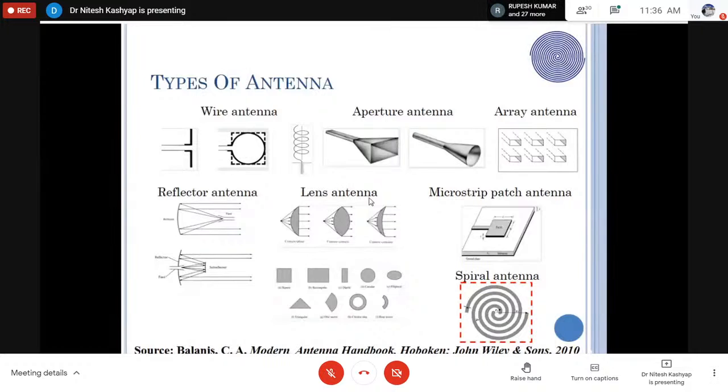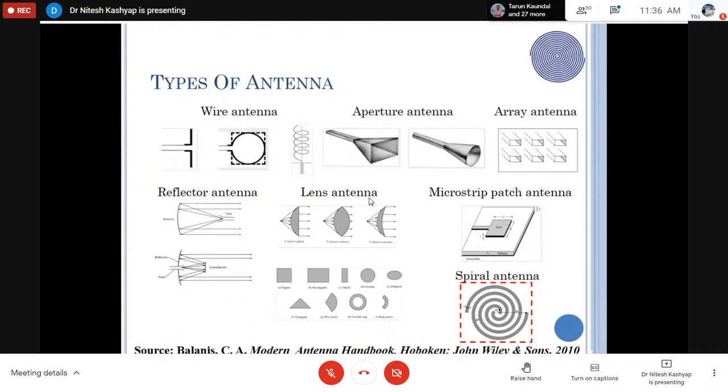So now come to the spiral antenna, which is a type of patch antenna, and it has some properties that let us select this spiral antenna for several applications. So what are the properties?